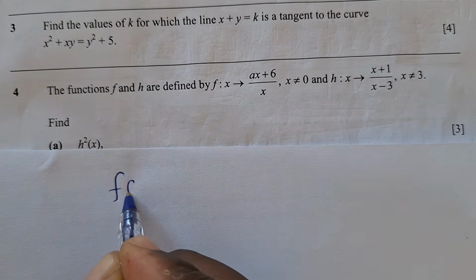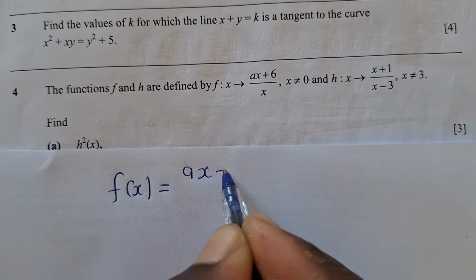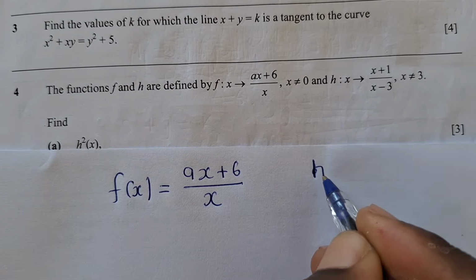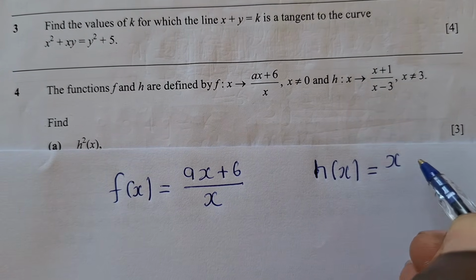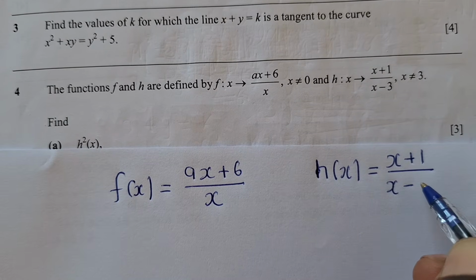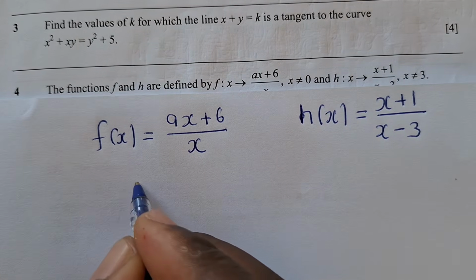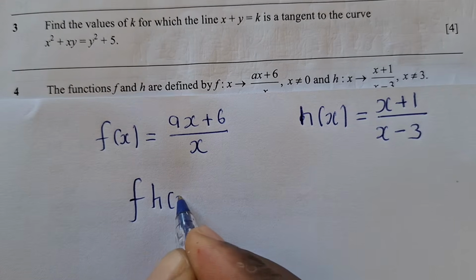So f of x is equal to ax plus 6 over x, while h of x is equal to x plus 1 over x minus 3. Okay, so we need to first find f of h of x.